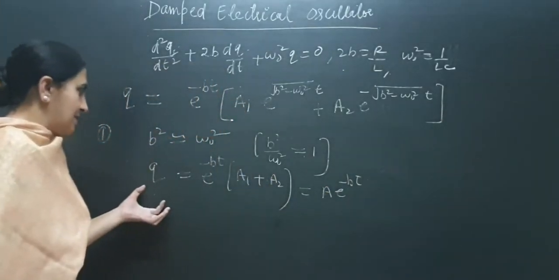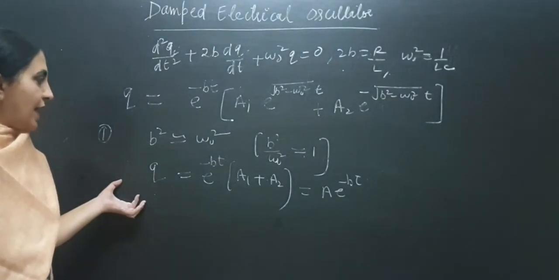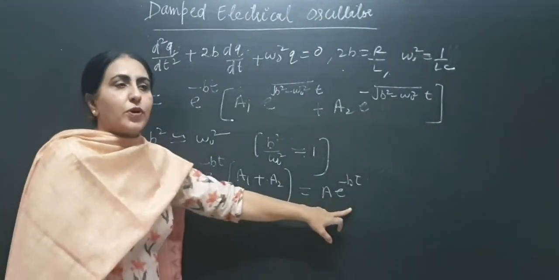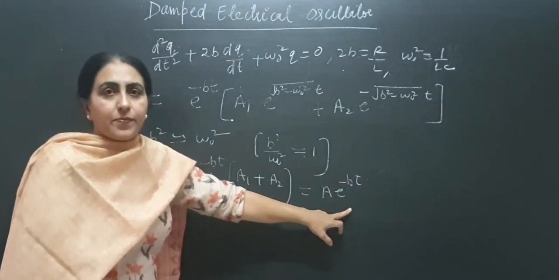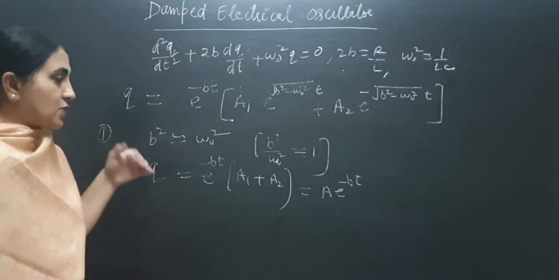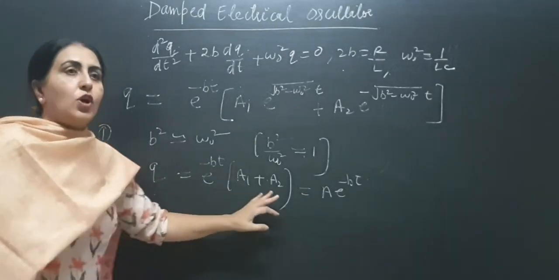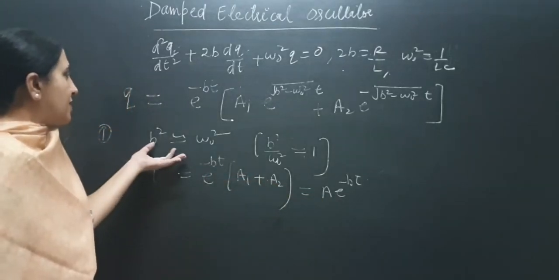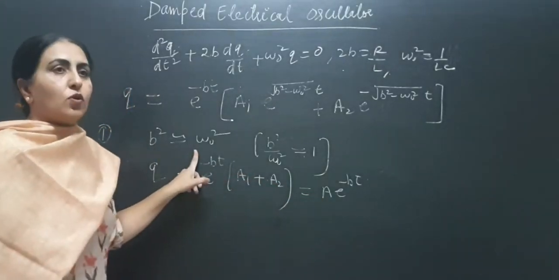So in this, the charge q decreases exponentially with respect to time. And in the differential equation, the solution of the differential equation must have two constants, but here there is only one. So you can take another assumption here that b square is not exactly equal to omega naught square.